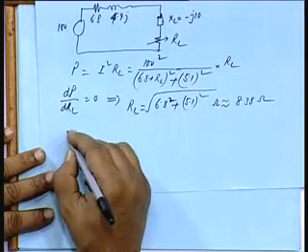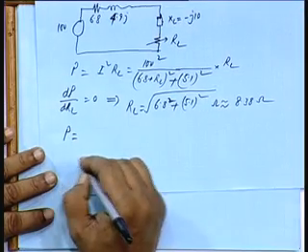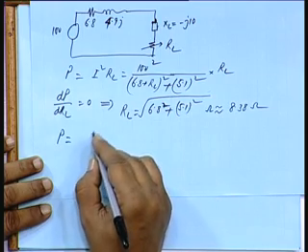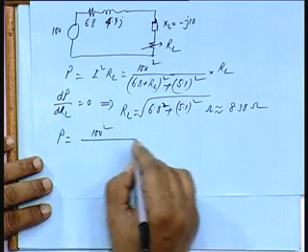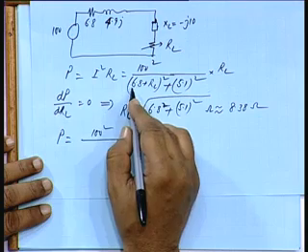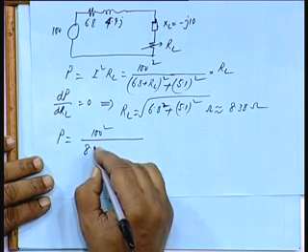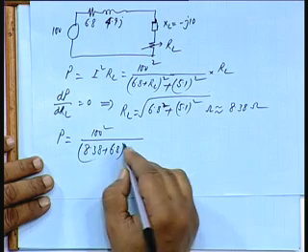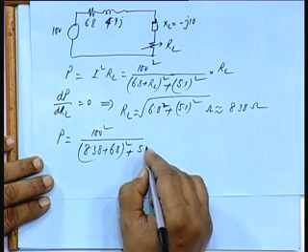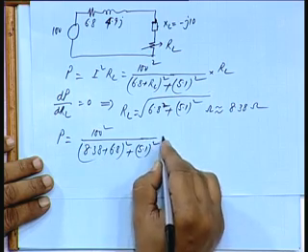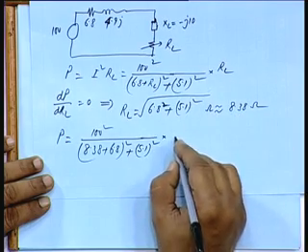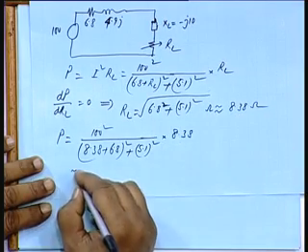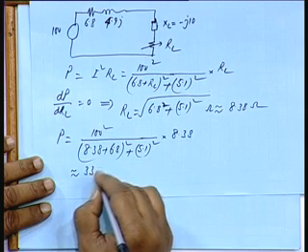So, P will be, therefore, how much will be P? 100 squared divided by, now you substitute the values, 8.38 plus 6.8 whole squared plus 5.1 squared, into RL, which is 8.38, that comes to approximately 330.